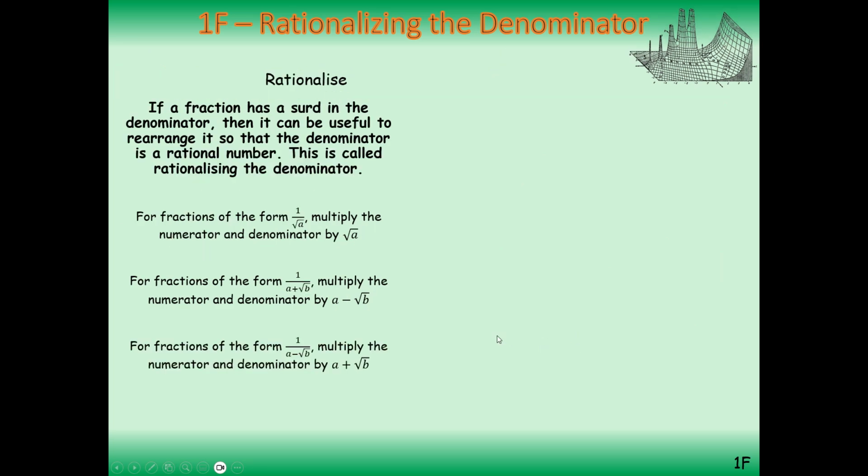Alright, so there are some other variations of these problems. Sometimes you see something like so, and you think, alright, I'm just going to multiply by what? What do we multiply to simplify this expression?